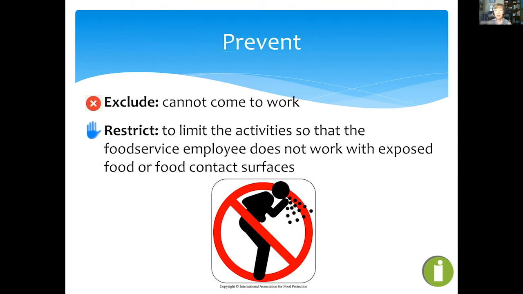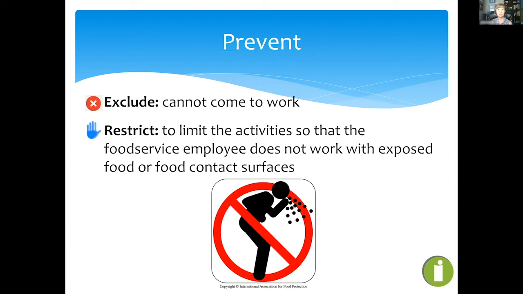So yesterday we said that exclusion is you're Xing them out. You're not coming to work. You're excluded, so you're barred from coming to work. Versus restriction means that you come to work, but you're limited to only tasks that involve no food handling and not touching any food contact surfaces. And we went over a list of things that you could do. Yes, you can cashier.